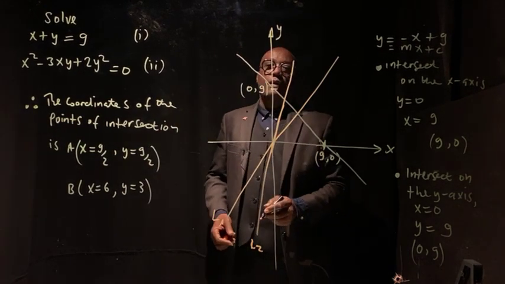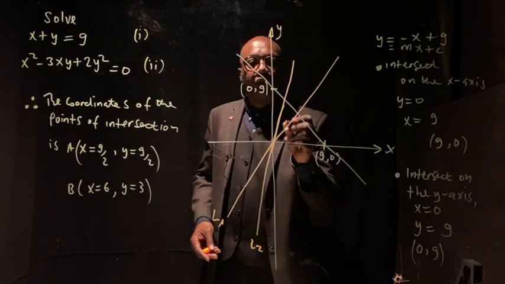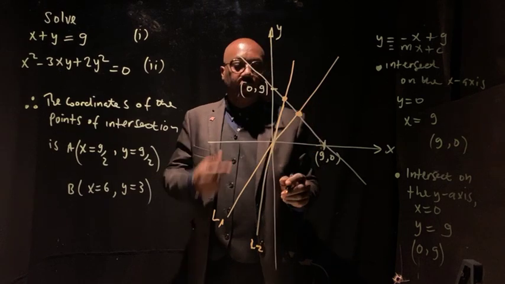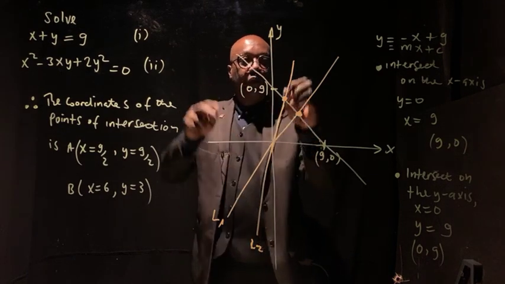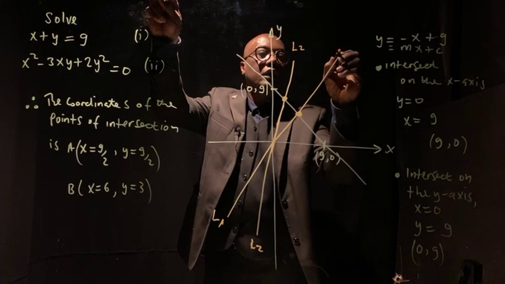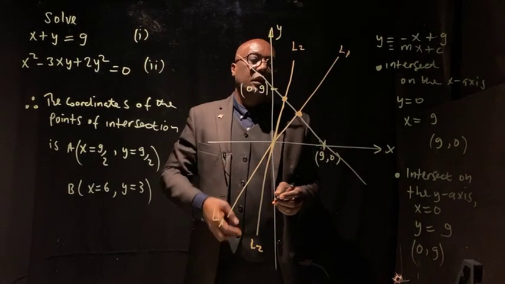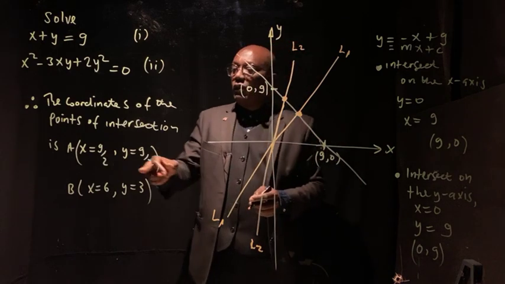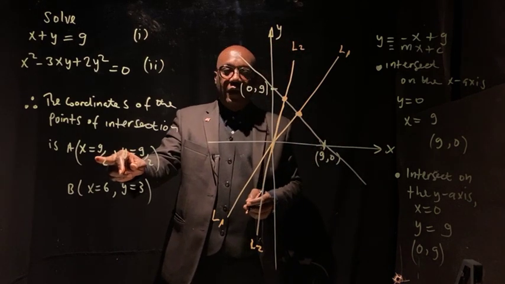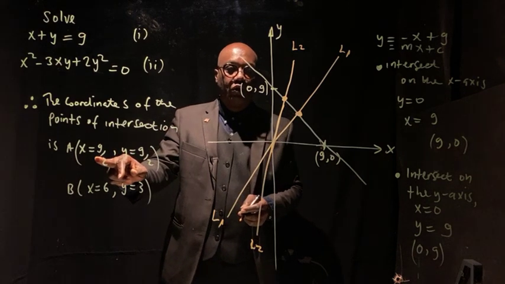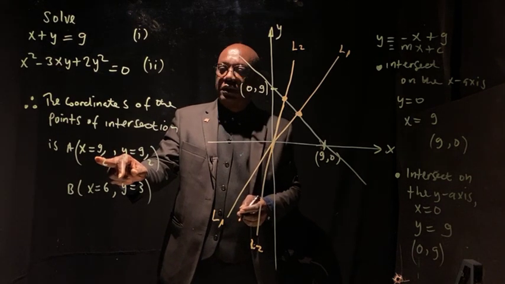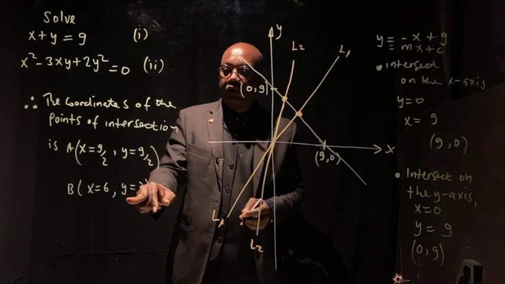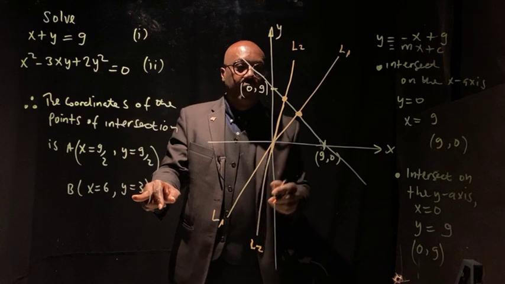So you can see that the point of intersection that we are talking about is these ones, where this one is L2 and this one is L1. Now, we had the point of intersection: when S equals 6, Y will be equal to 3, which will be here.